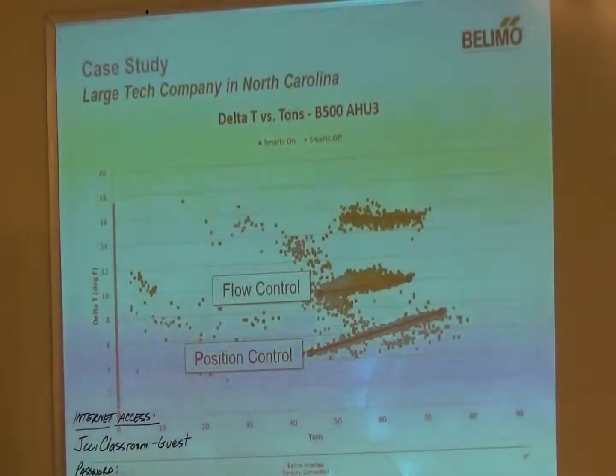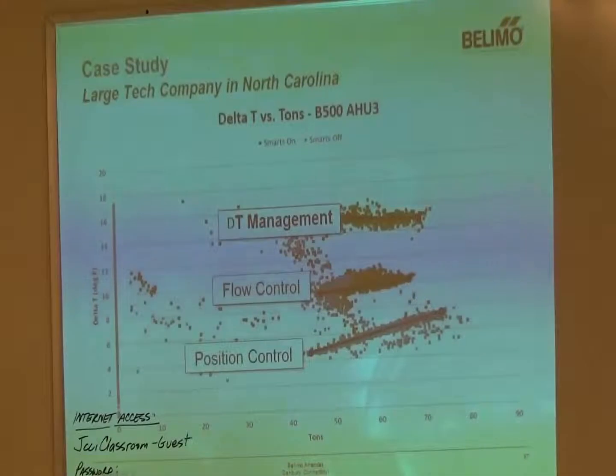The middle line is showing flow control. That's a pressure-independent situation. We'll see the numbers in a minute. And then the top is when we're bringing delta T management into the equation. So what we're going to do, we're going to look at requirements at a 60-ton load for each of these different types of control.